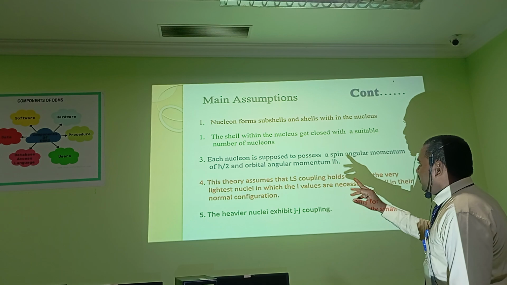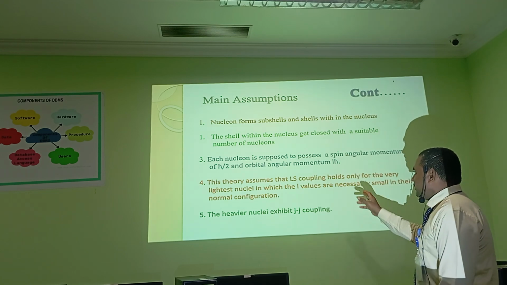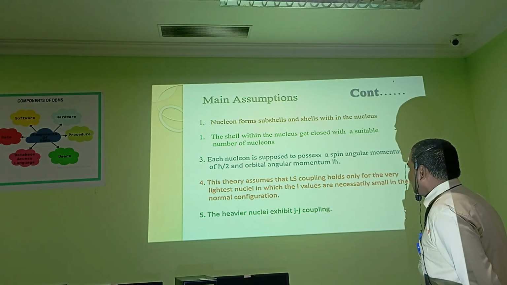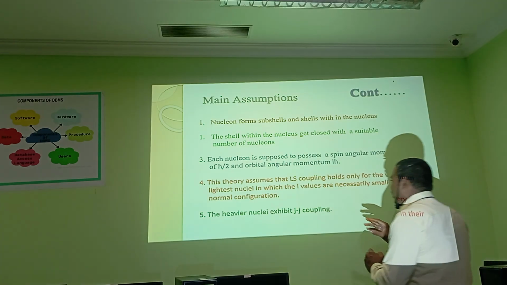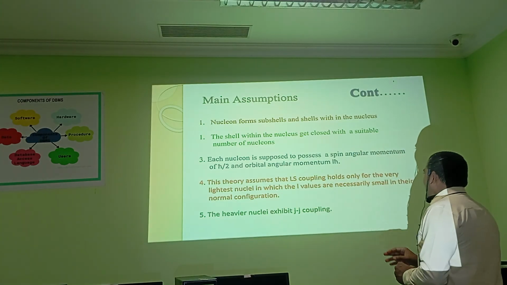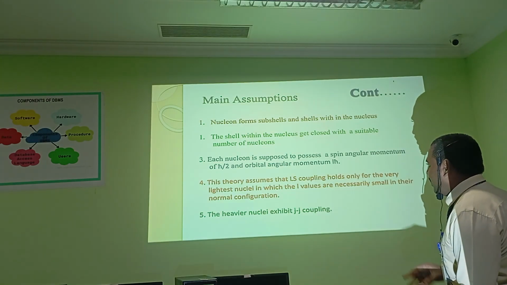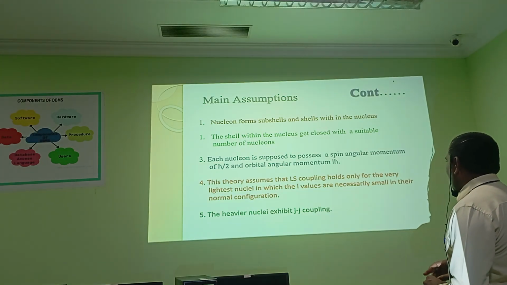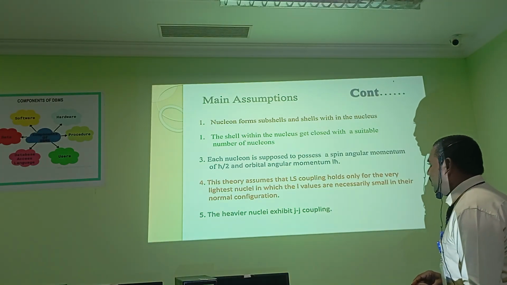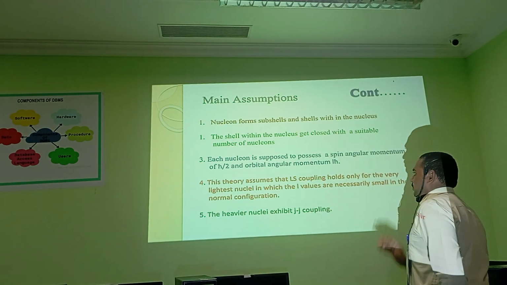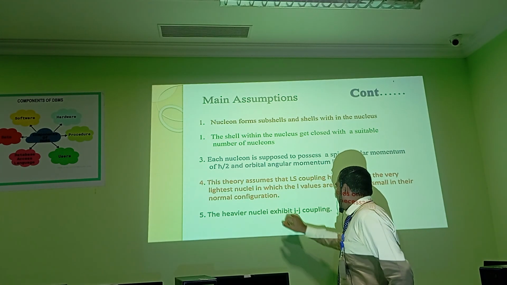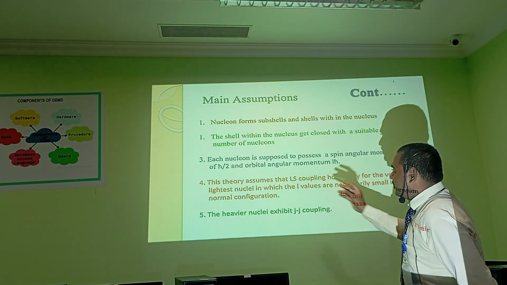This is the assumption of LS coupling, which holds in only the very lightest nuclei. The heavier nuclei exhibit JJ coupling. So the shell model exhibits LS coupling or JJ coupling.